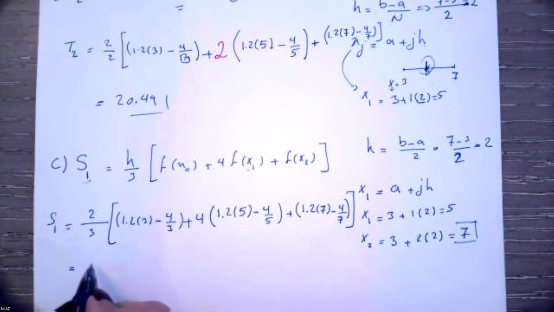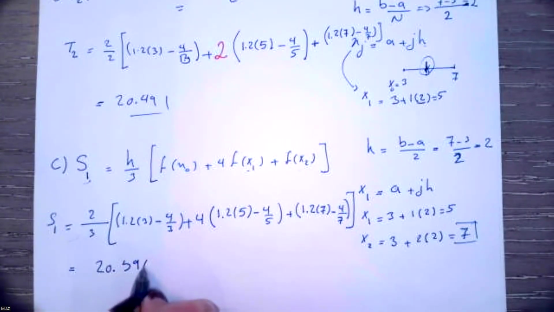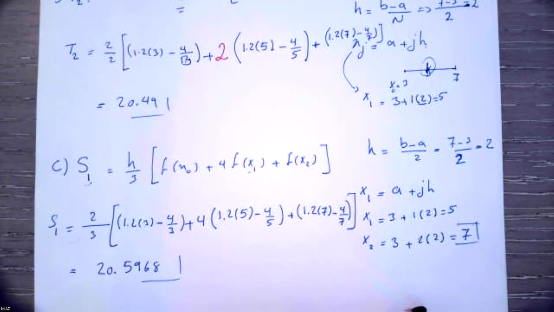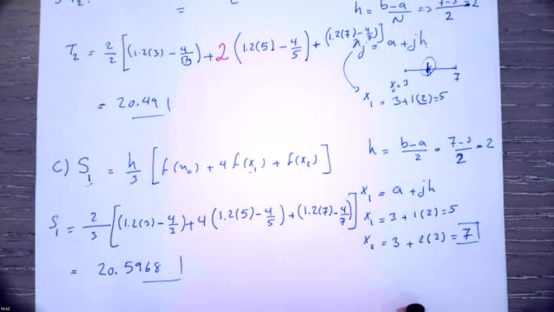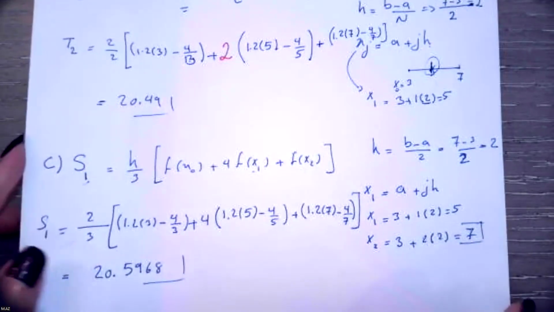The answer for the Simpson with single panel is 20.5968. And the last part of this question is to find the answer of this integral based on the midpoint method.